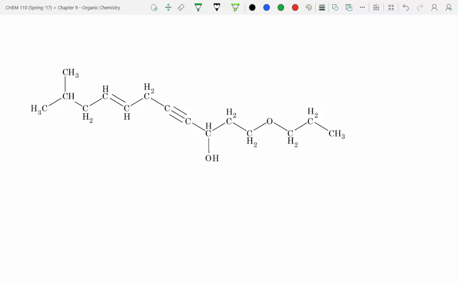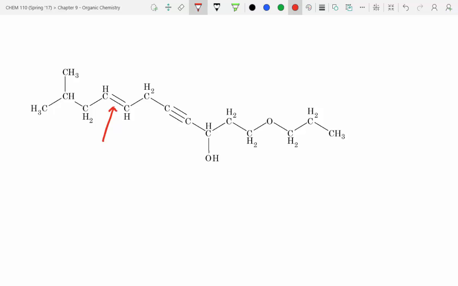How many people were able to spot 5 different functional groups? A few people? Okay. So when you're looking for a group, really only look at a couple atoms nearby, not the entire chain as a whole. So for example, this group right here, I'm looking at the carbon-carbon double bond.